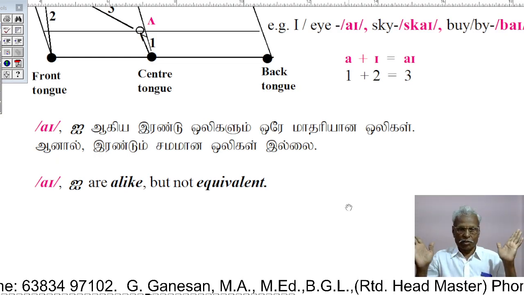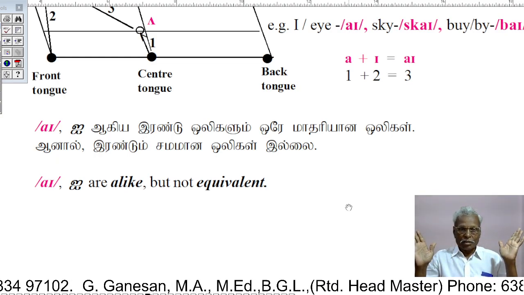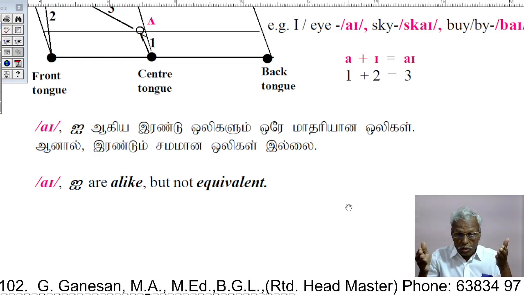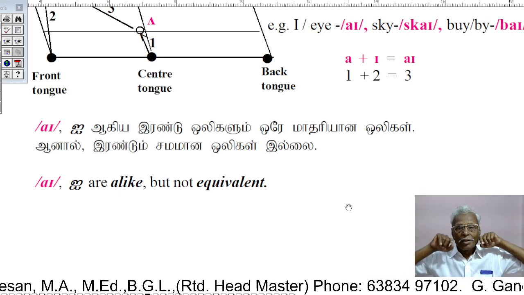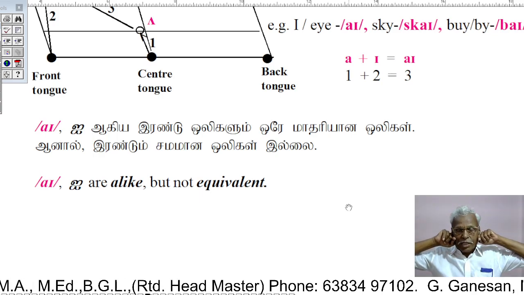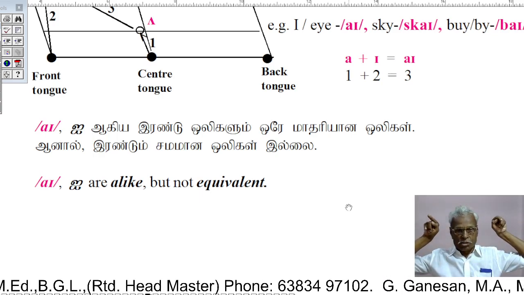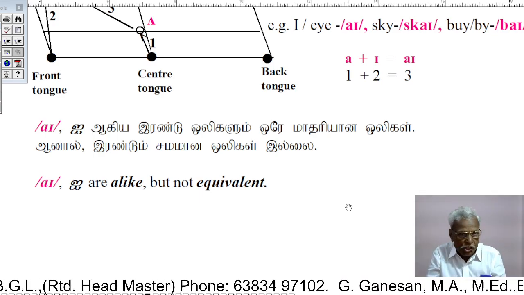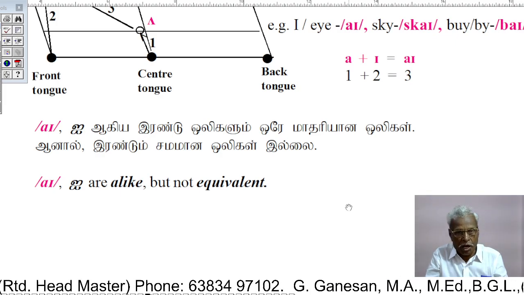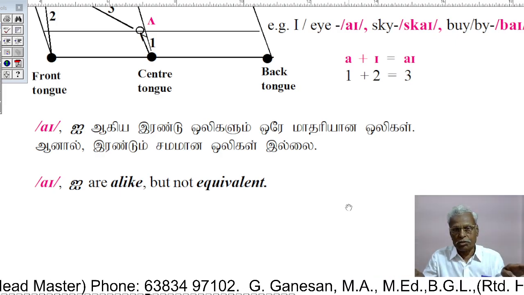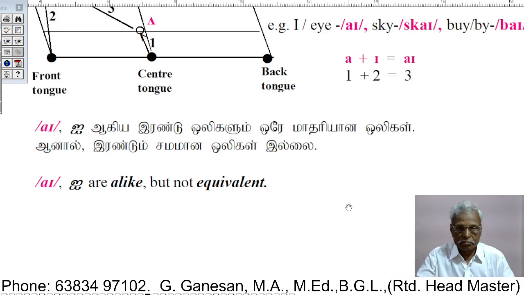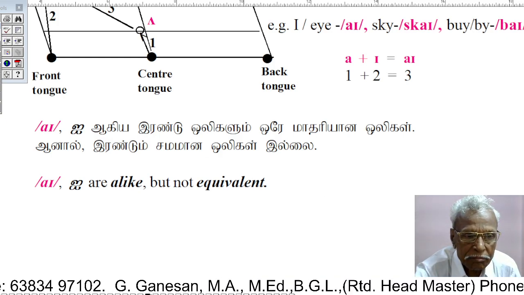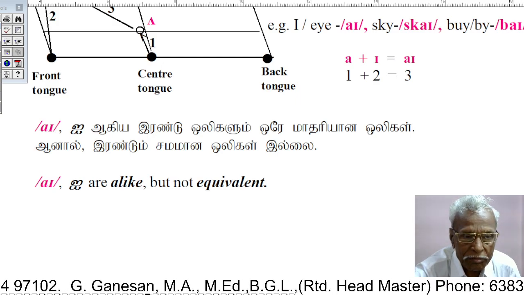The reason is, when the Tamil diphthong is produced, the side plates of the tongue touch the upper molars. But in the production of English /aɪ/, there is no touch of the side plates of the tongue.